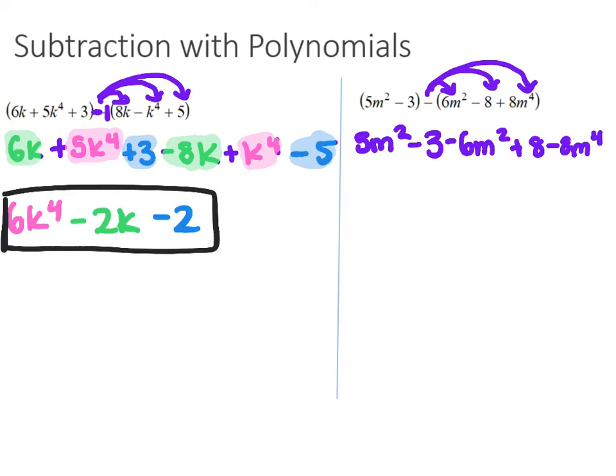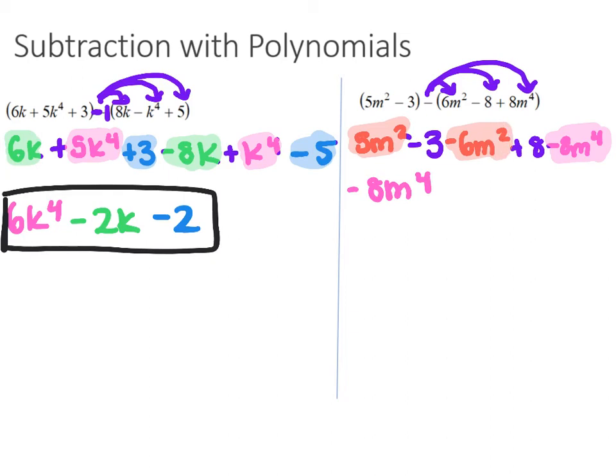Now we have to combine like terms. So the highest power exponent in this case is the negative 8m to the fourth. And that's our only one, so it becomes negative 8m to the fourth. Then the next highest power exponent is m squared. So we have 5m squared and negative 6m squared.